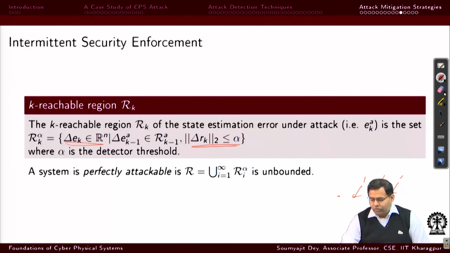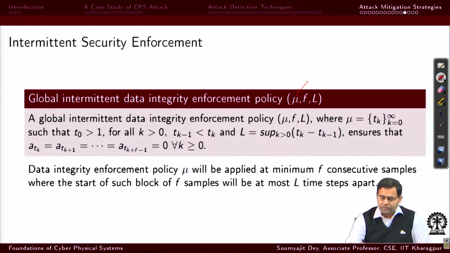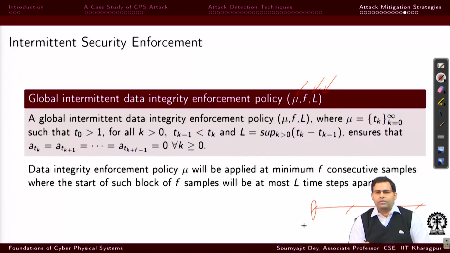So, with this we can go further. What we can do is create a security policy, where the policy is parameterized in terms of these three parameters mu, f and L. Mu is nothing but those positions in the timeline where I am going to apply the security primitive, maybe a crypto primitive or some detection primitive, something like that.